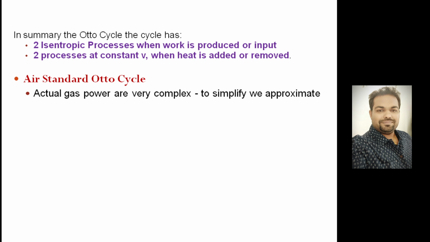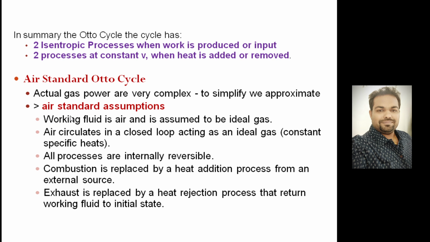So the simplest way is to simplify them to near ideal processes and then find out the performance parameters. Those performance parameters will be the approximate performance parameters of the cycle. So that's why the standard cycle came into the picture. There are standard assumptions that need to be followed when you are doing the idealization of the process. The working fluid is air and is assumed to be an ideal gas.